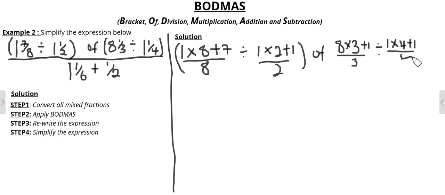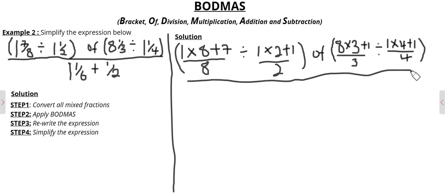All over 4. And let's bring our bracket here so we know we are all on the same page. All over. Convert this one. So we have 1 times 6 plus 1 all over 6, plus 1 all over what?